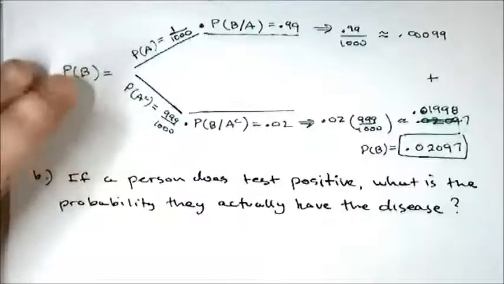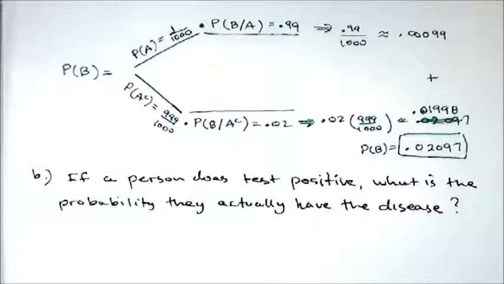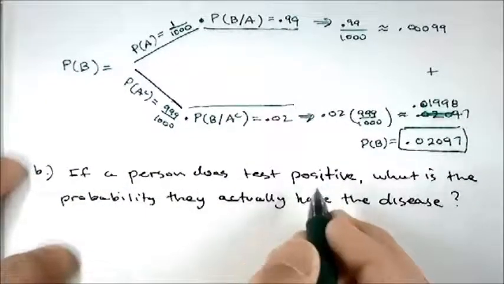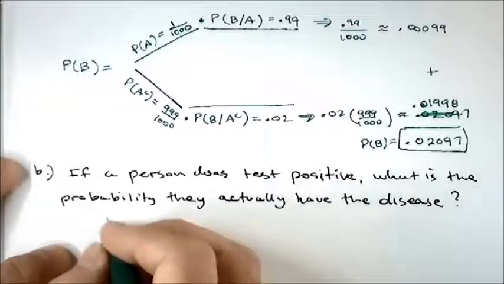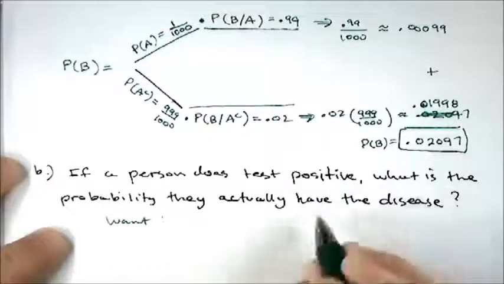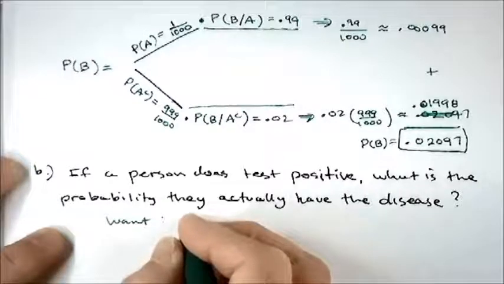So this question we didn't ask last time. What's the probability they have the disease? And this is, in fact, a conditional probability, right? Because what we want here is the probability that they have the disease. Remember, A was the event of having the disease.